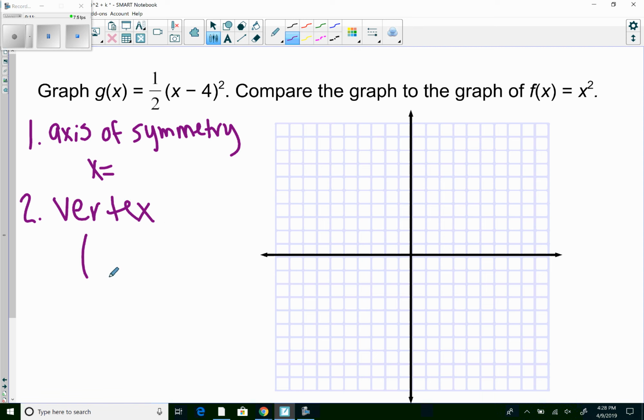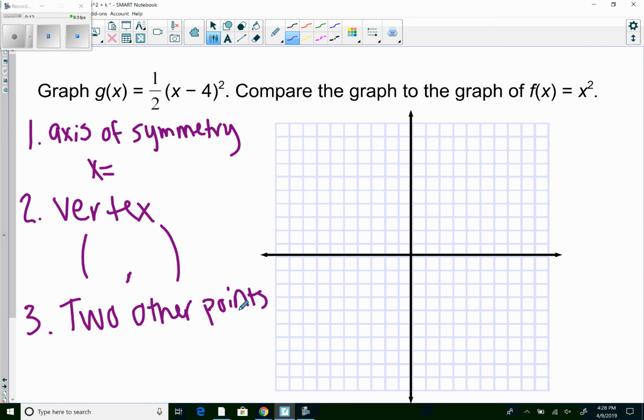Second step, you are finding a vertex. Your vertex, remember, you always write a vertex as an ordered pair. And then third step, you are going to find 2 other points to graph. Realistically, ladies and gentlemen, you only need 3 points to create a quadratic graph.